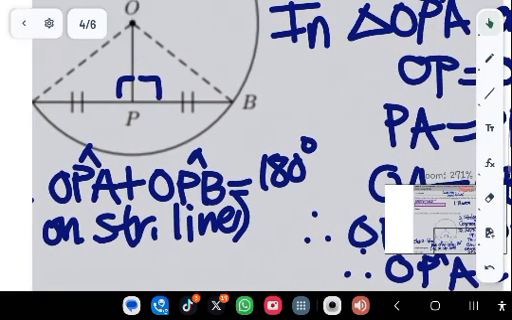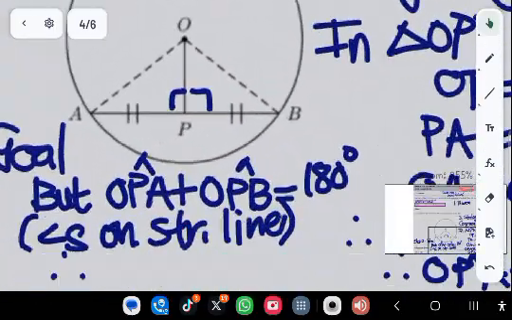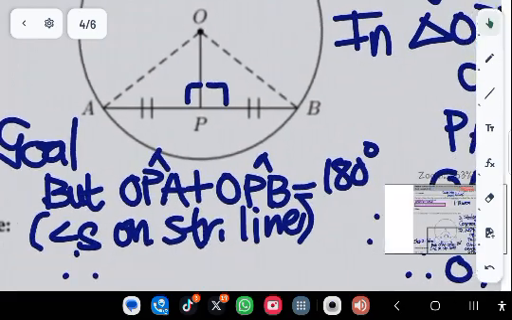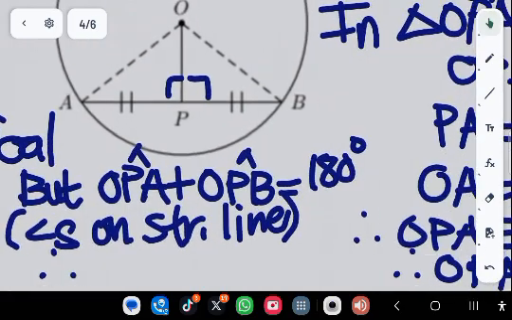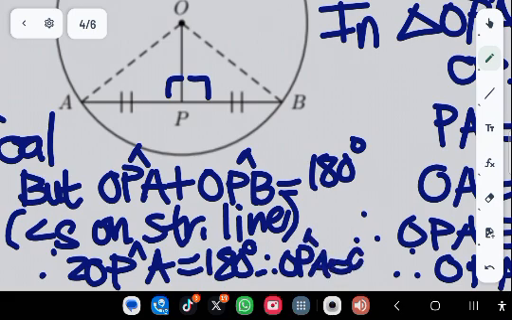But because they are equal, 2 times angle OPA is equal to 180 degrees, meaning that angle OPA is equal to 90 degrees.